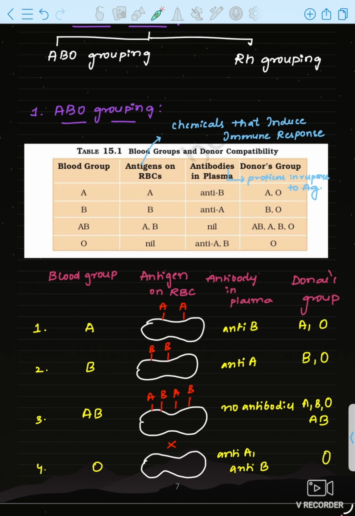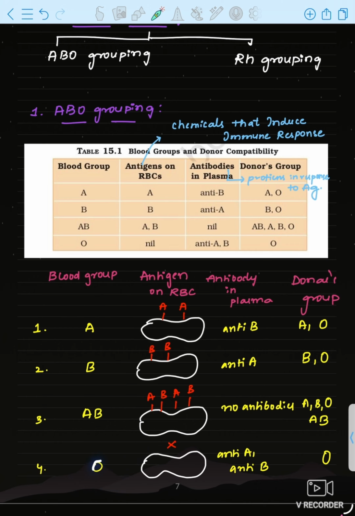And if there is a B antigen on the RBC, then the blood group is B. If A antigen and B antigen are both there, then it is AB blood group. If no antigen is there, then you have to remember it is O blood group.